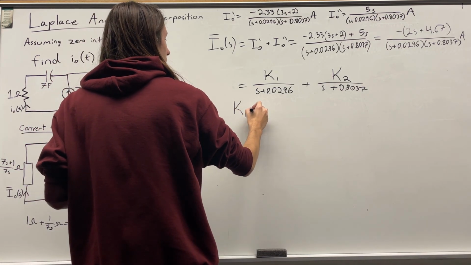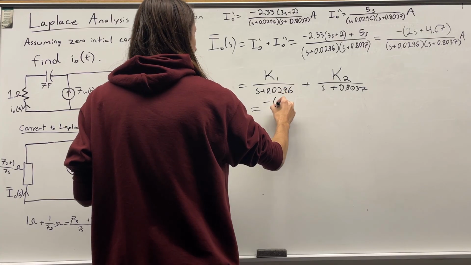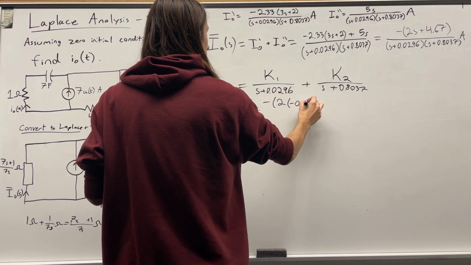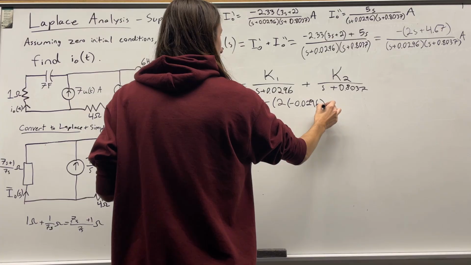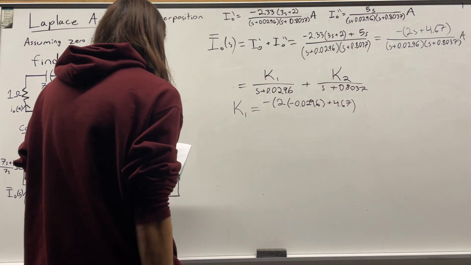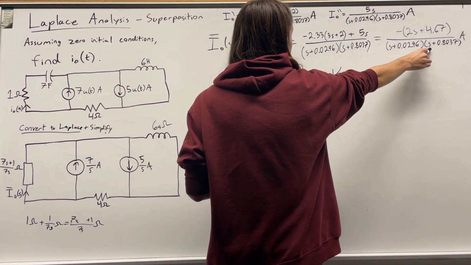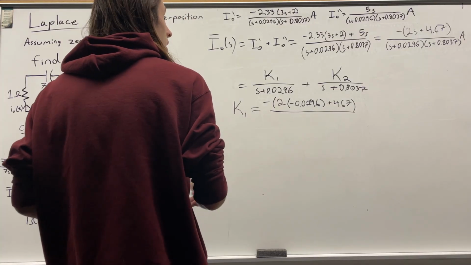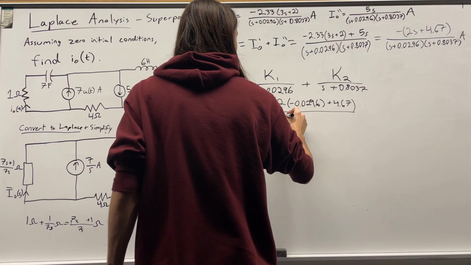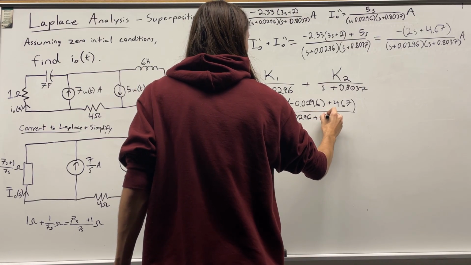So then we're going to be left with negative 2, and then S again is set as negative 0.0296, plus 1.67, over, and then it's just going to be negative 0.0296 plus 0.8037.